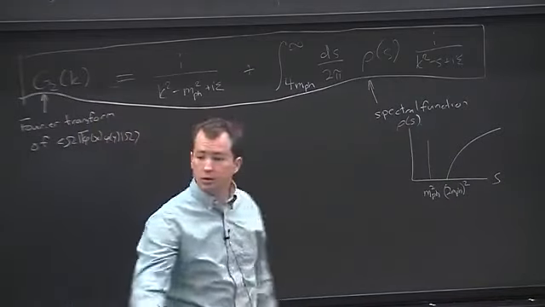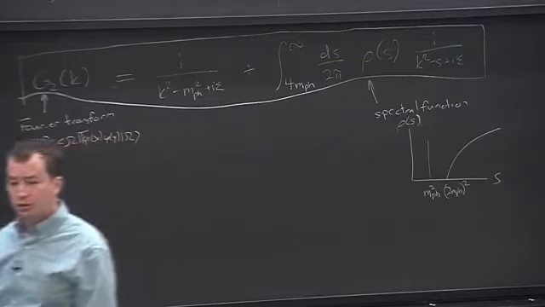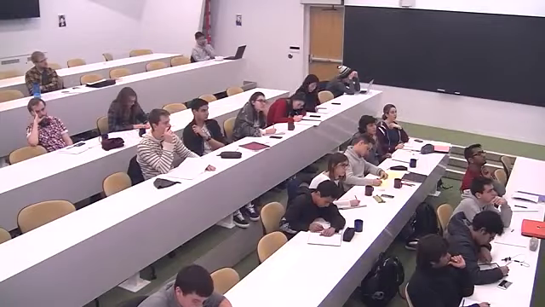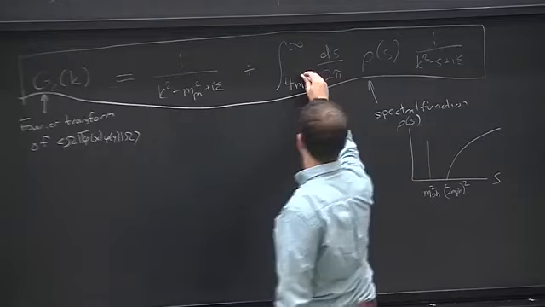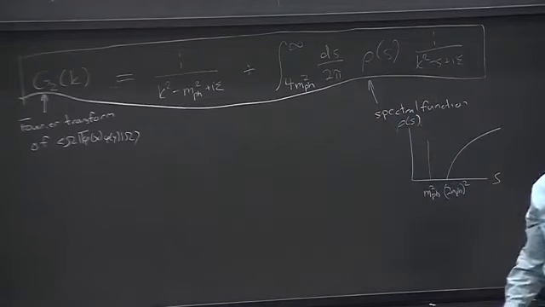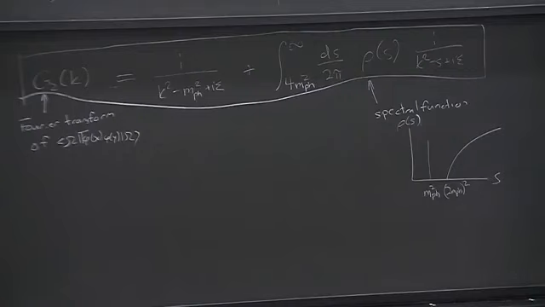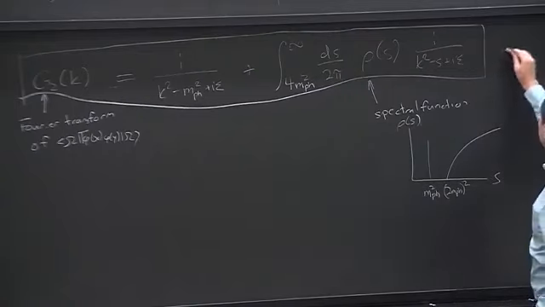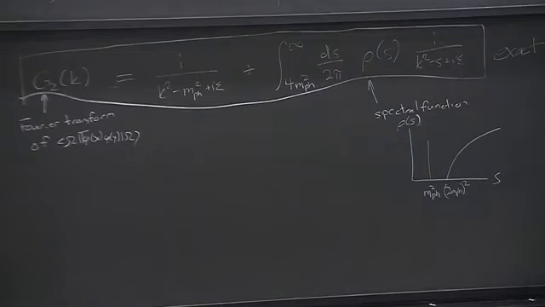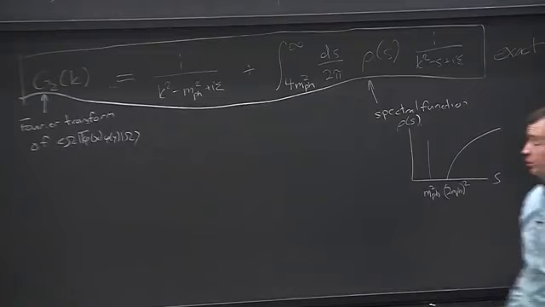Sorry, yes, revise this integral: it should be 4 m physical squared. Thank you. So this is exact. This is the Källén-Lehmann form of the propagator.